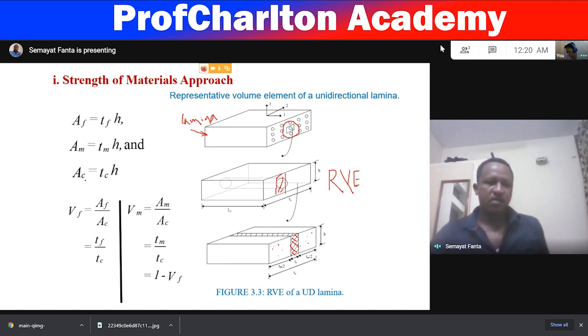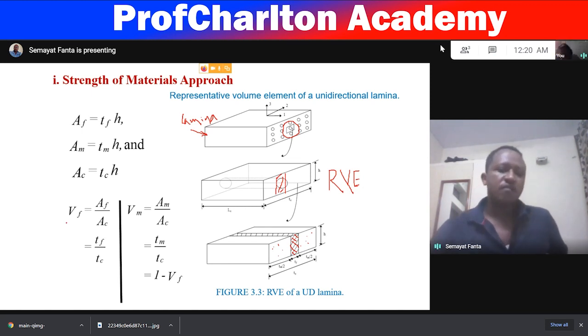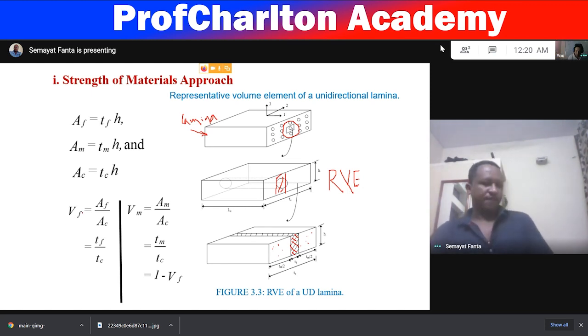So the volume fraction of fiber is equal to area of fiber over area of composite. That is a unique quantity, as you see. Volume fraction of matrix is equal to area of matrix over area of composite, so Vm is equal to 1 minus Vf.